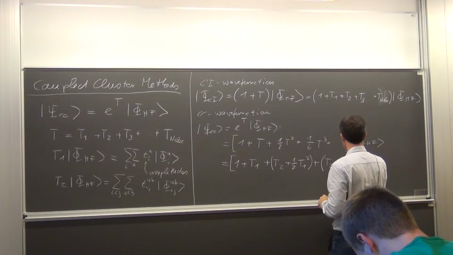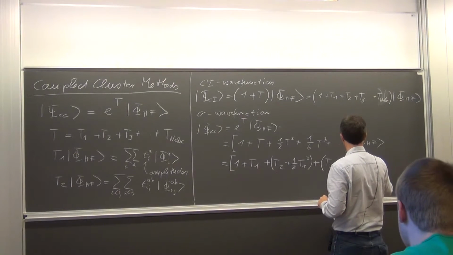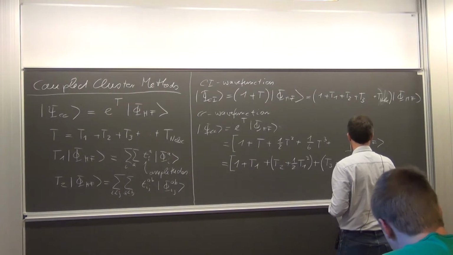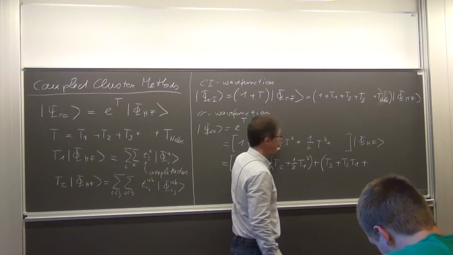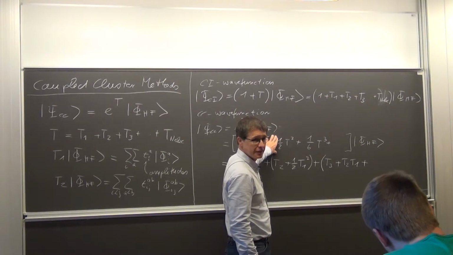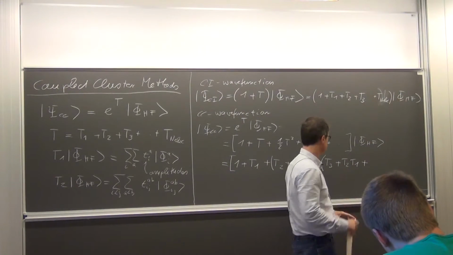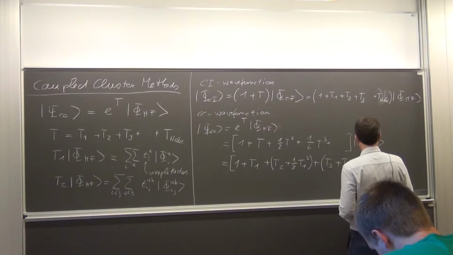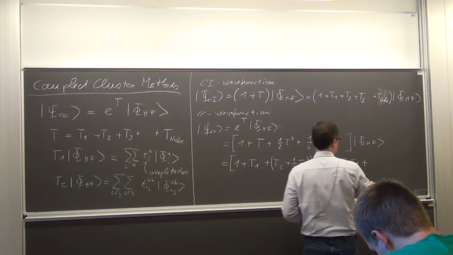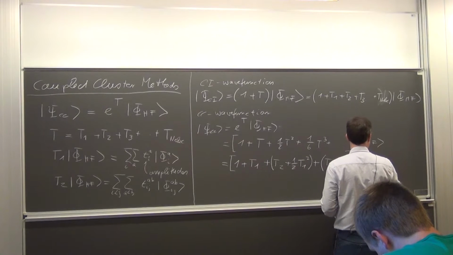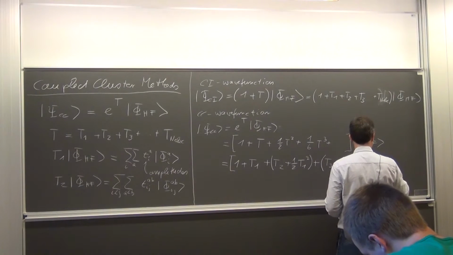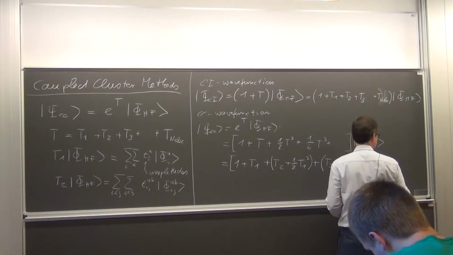So I can get a T2, T1 term, which in principle should be 1/2 T2 T1. But of course I get that term twice. So I get T2 T1. And then from the T to the third, I get 1/6 T1 to the third.